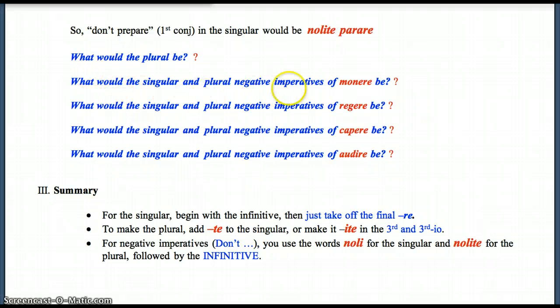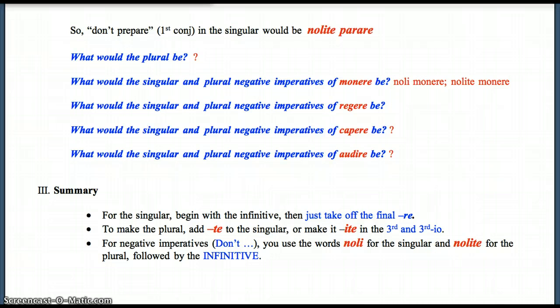What would the singular and plural negative imperatives of monere be? Well, if it's going to be singular, it's going to be noli, as always, and then monere. That's not going to change. How about the plural? Nolite for the plural. Does the infinitive change? No. It's monere again.